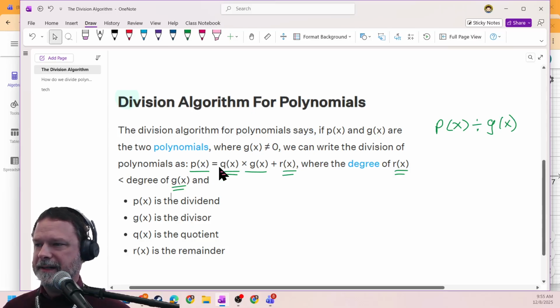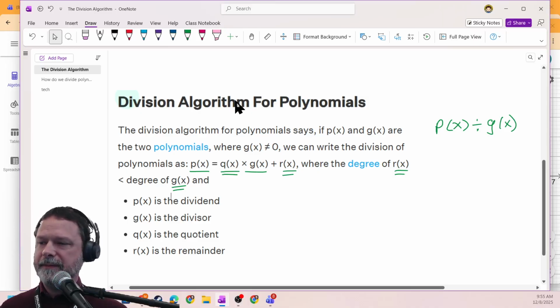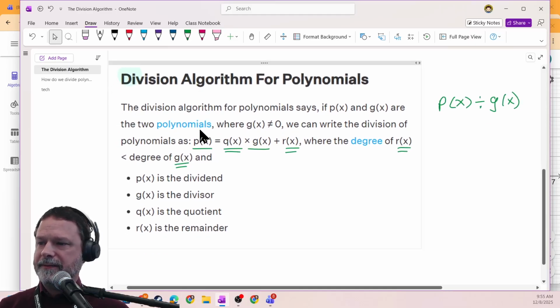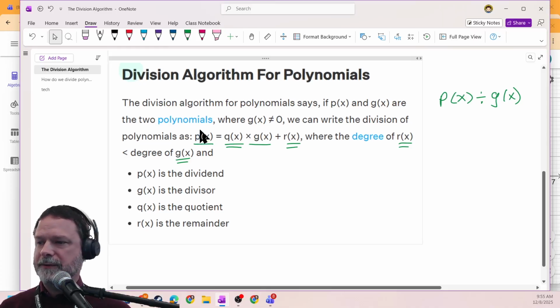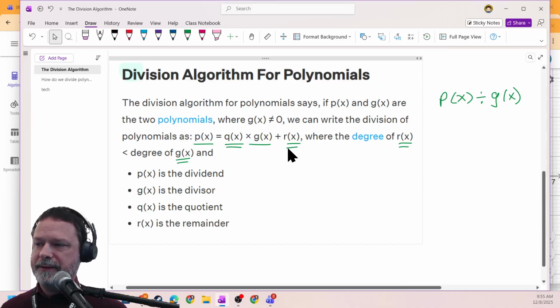So there it is in a nutshell. You don't really have to remember this. I won't hold you to it, the division algorithm for polynomials, but I think it's worth knowing, and it might be useful in the future. But we always have this be the case, that we can do this kind of division every time, and we will always get a result where the remainder is a smaller degree than what we started with.